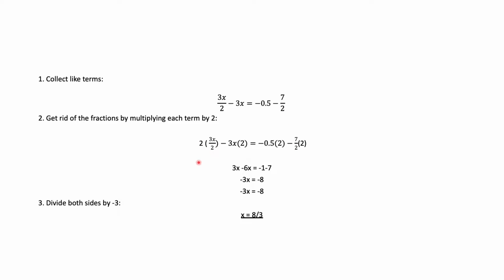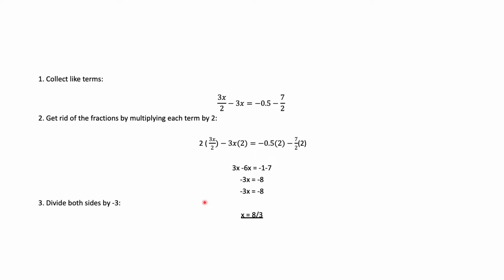And when we evaluate that, we get 3x for the first term minus 6x equals negative 1 minus 7. And when we do the subtraction here, we get negative 3x on the left hand side equaling negative 8 on the right hand side.